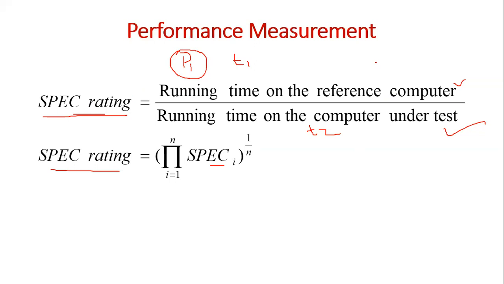For example, if you get a SPEC rating value of 50, it means the computer under test is 50 times as fast as the reference computer.